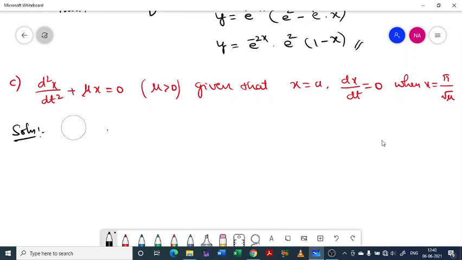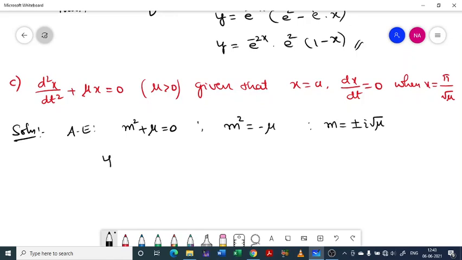I'll write the auxiliary equation directly. It will be m square plus mu equal to 0. So m square equal to minus mu. So m equal to plus or minus i root mu.